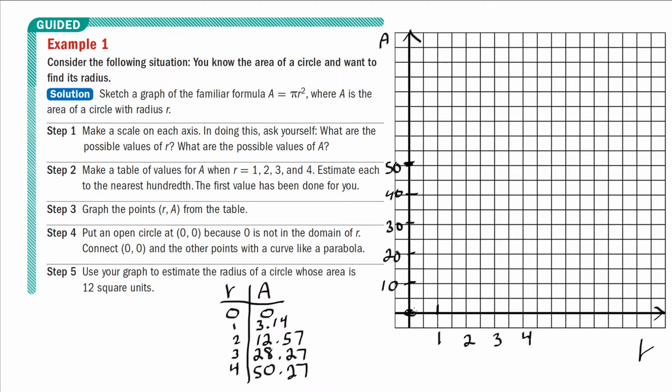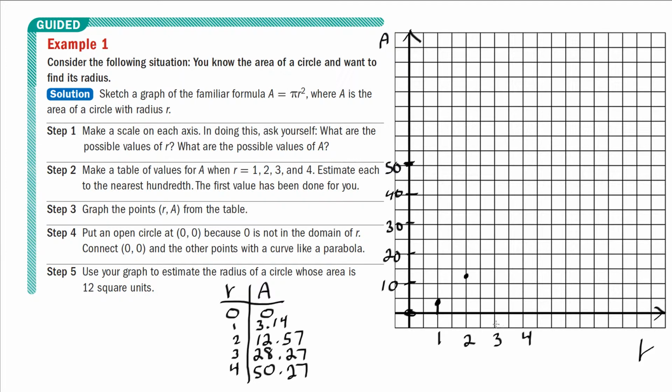At 1, I'm at 3.14, so here's 5, and that's going to be about in here. For 2, I'm at 12.57, so a little bit over 10. This is 15. That would be about 12 and a half midway in between, and I'm at 12.57, so we'll go with a dot there.